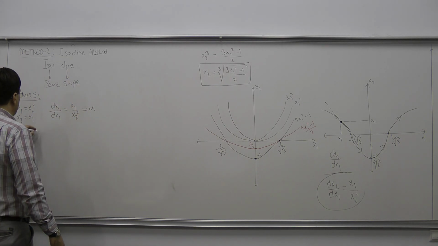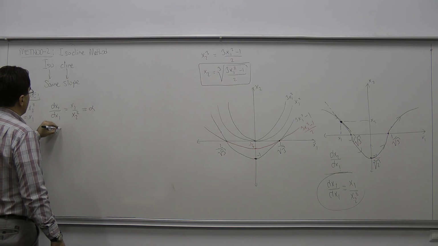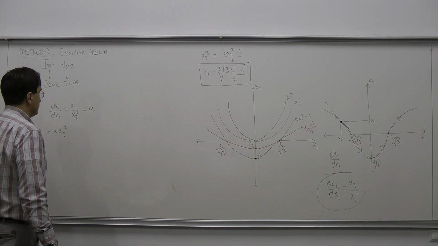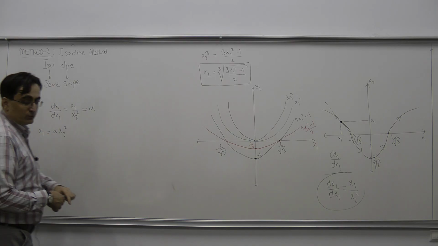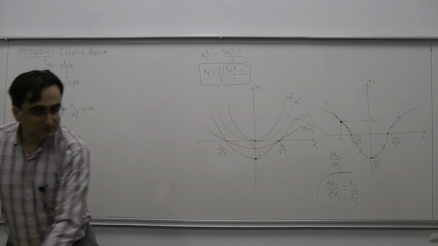It gives me a curve, x1 equals alpha x2 squared. Of course, with different slopes, if I choose alpha 1, this gives me x1 equals x2 squared. I have to draw that one. And if alpha equals minus 1, this gives me x1 equals minus x2 squared, etc. All right?